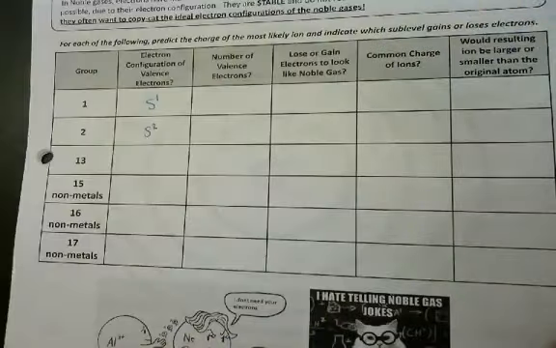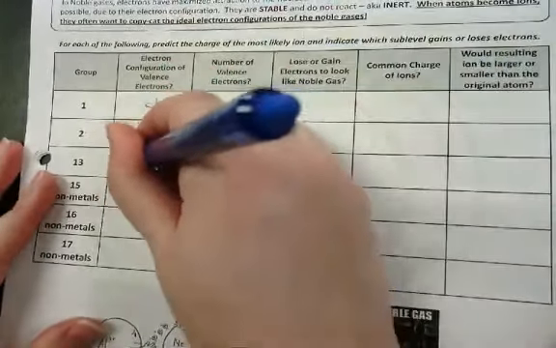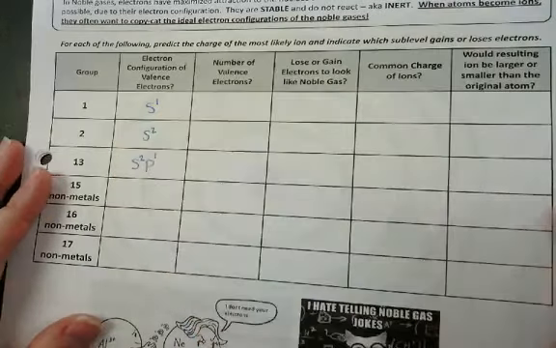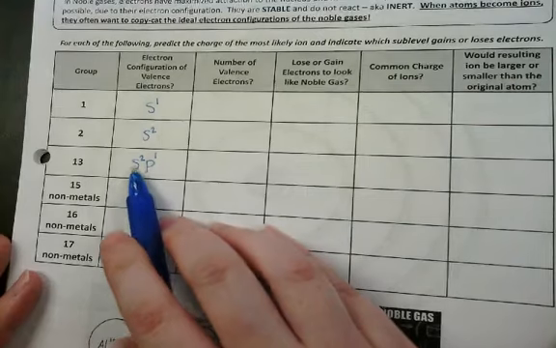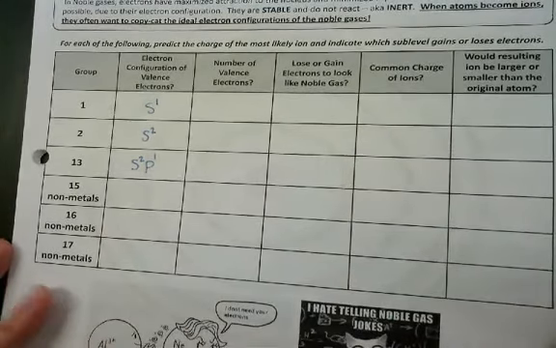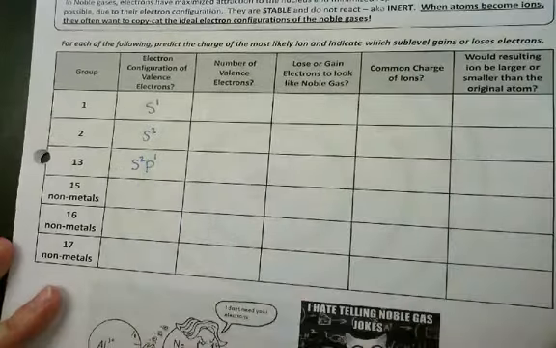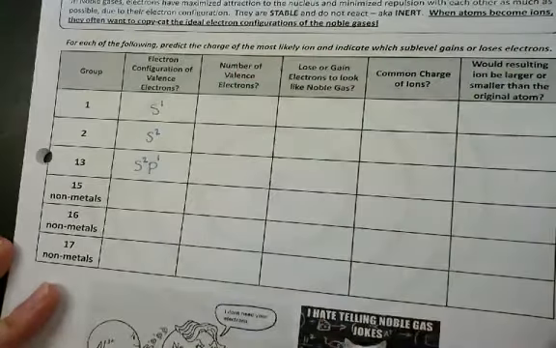No, it's also our S. So for 13, our valence electrons, that would be S2, P1. I'm not writing the energy level because that's going to change based on what period the element is we're talking about. Okay, ignoring energy level, they always look like this.